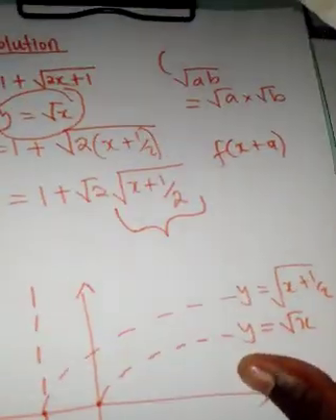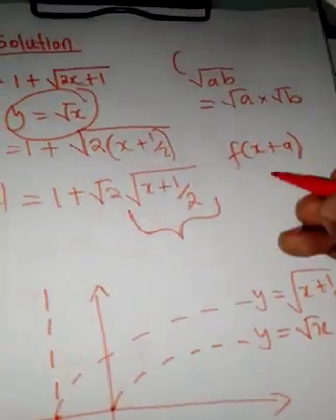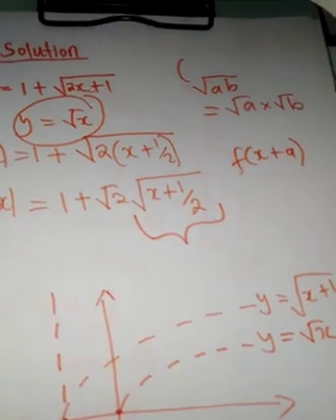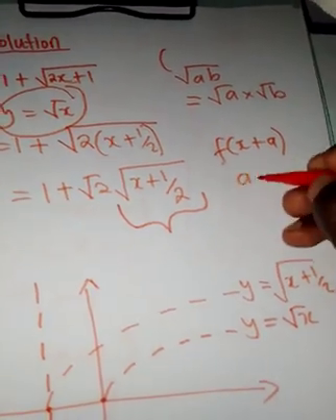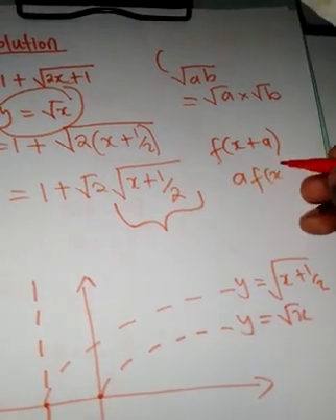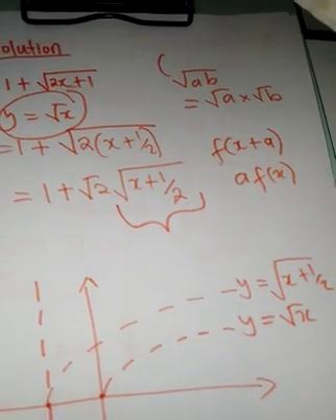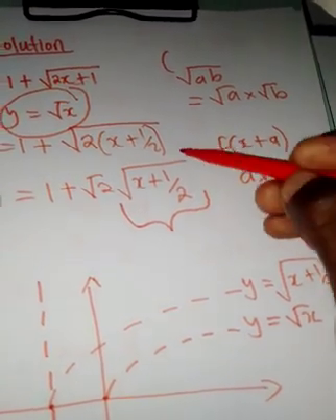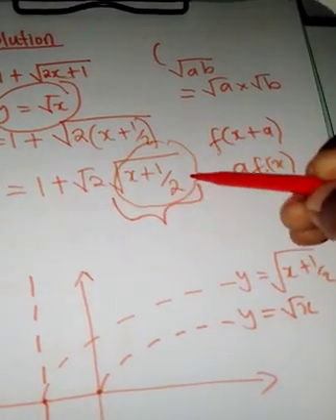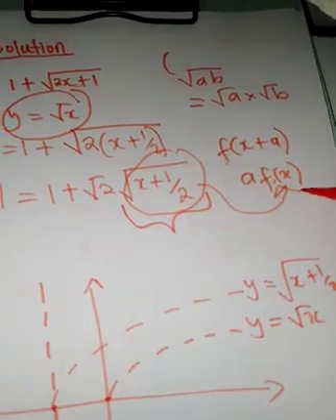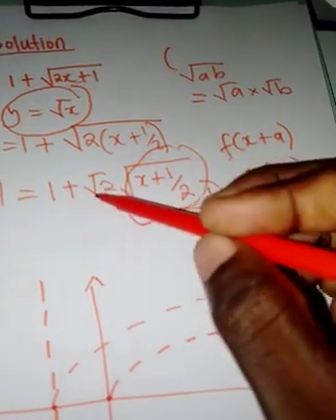Okay, so there's this other rule for stretch. It's a stretch, we say a f of x like that. So if we have a f of x, in this case, which one is the f of x? This one, representing that f of x. Then this a, that is the root 2.